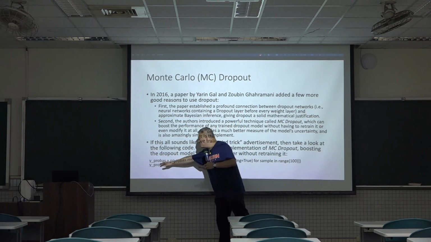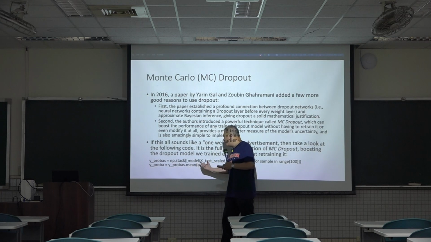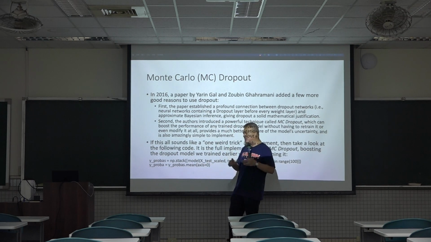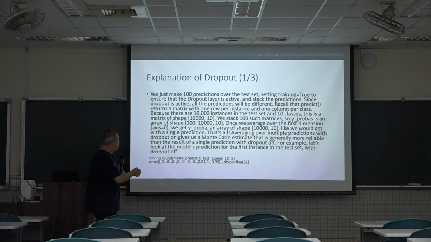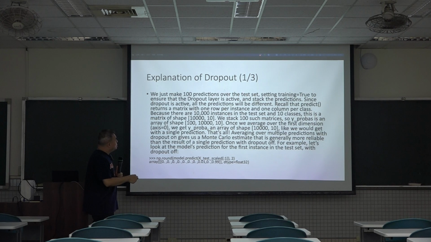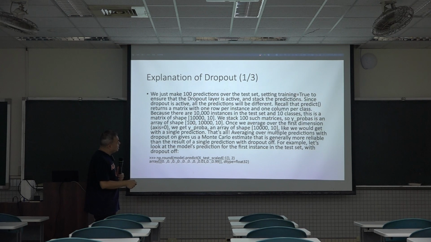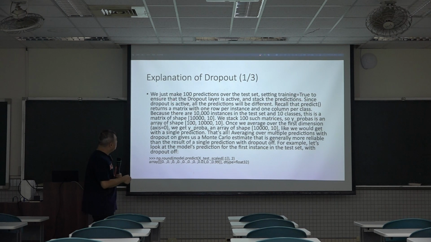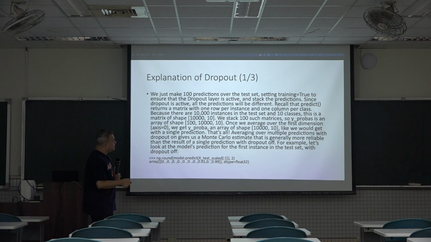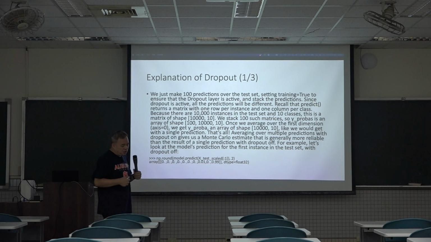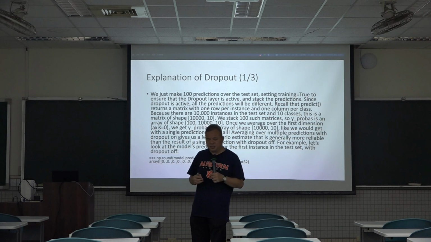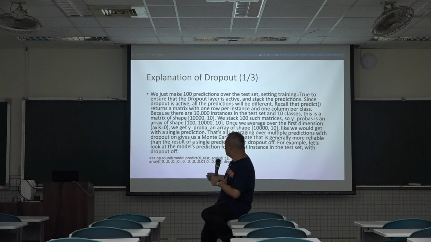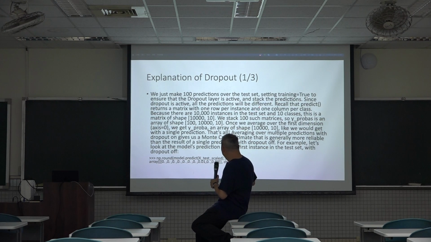And then we do the average. For x equal to 0, I will explain this shortly. Here we just make 100 predictions over the test set. For every instance in the test set, we do 100 predictions, setting training to be true to ensure that the dropout layer is active, so that certain neurons get dropped when you do the inference.